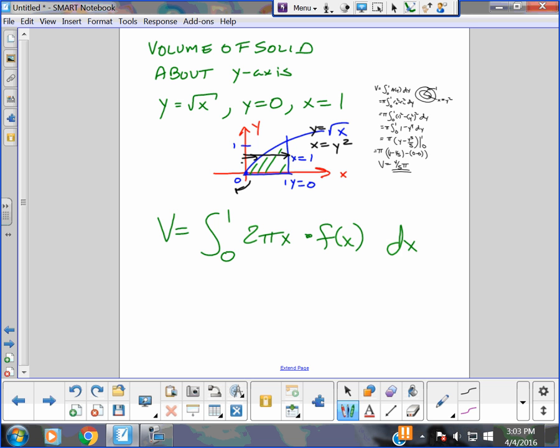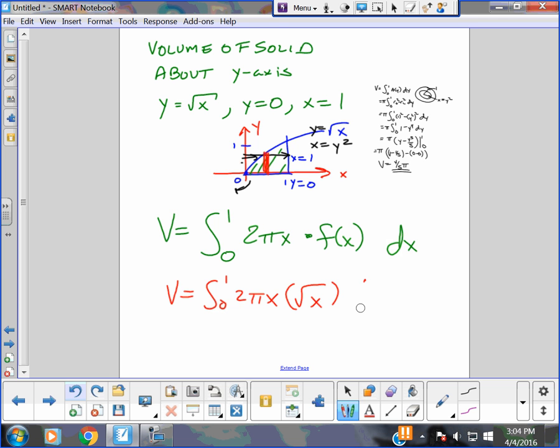So we are taking a cylindrical shell about the y-axis that is dx thick, and we end up with this integral, which truthfully solves way faster, because what is the height? The height is y, which is equivalent to square root of x, dx. That's this red line height.